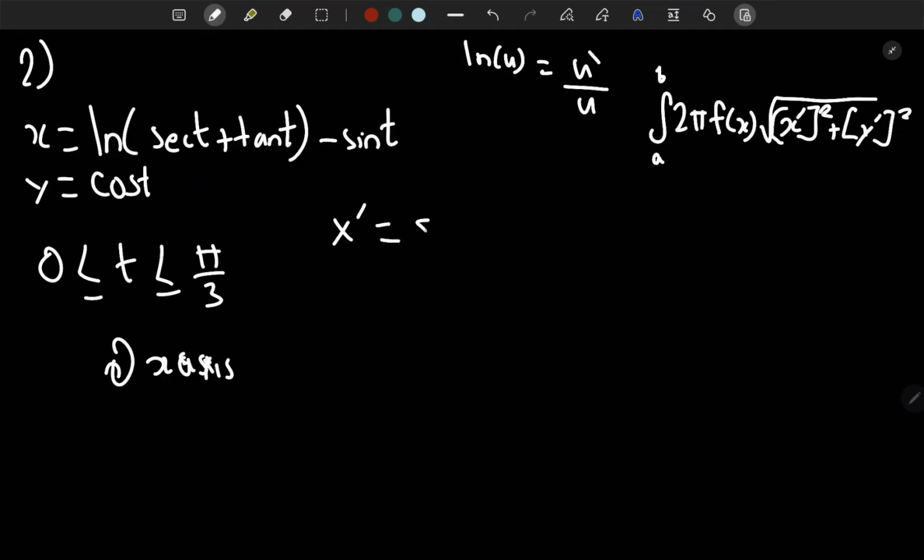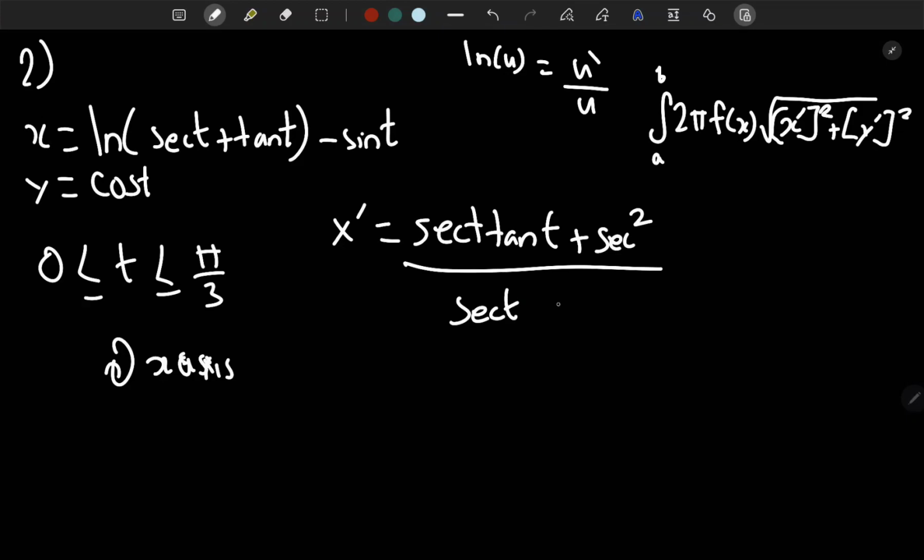The derivative of secant is secant t tan t, and the derivative of tan t is secant squared. So we are done with u prime here, and now over u, which is the same thing, secant t plus tan t, and now we are left with the derivative of sine t, which is simply cosine t, and that's it.